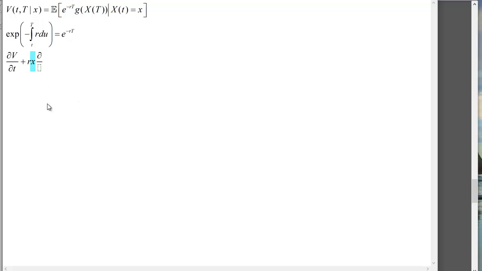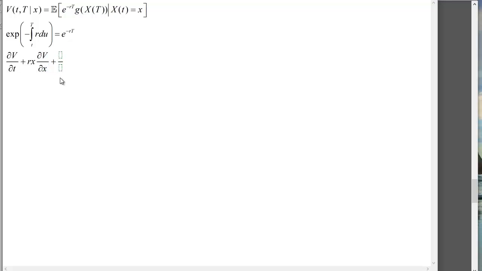So this really represents the big X. It's just nicer to have small letters in the PDE. So we take the partials with respect to the spatial variable. That's the first order partial.